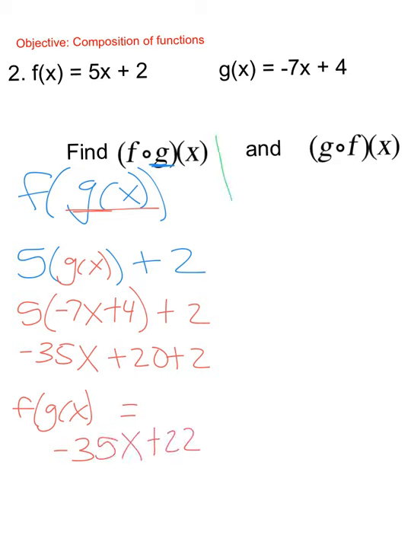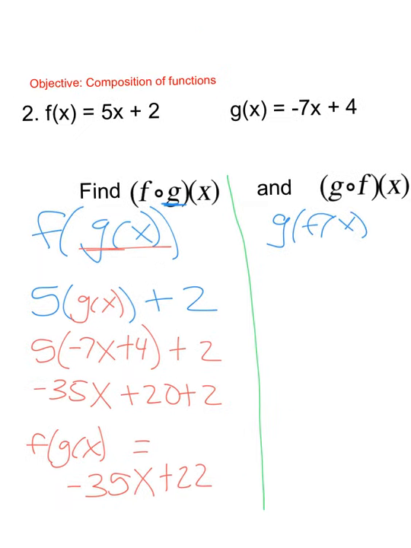So let's do the same thing, but with the opposite. So now g of f of x. All right. So g is -7x plus 4. I'm substituting in f of x here.